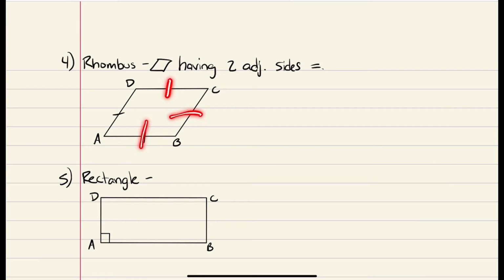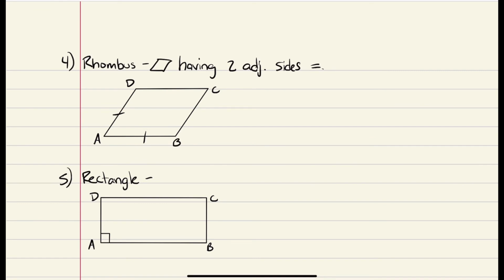We're actually going to end up proving that a rhombus has all 4 sides equal. By definition, we're going to state that this is a parallelogram. That means it's a quadrilateral having opposite sides parallel to each other. And now on top of that, we're saying that it has 2 adjacent sides equal. So we don't have to choose these 2 sides. We could choose these 2 adjacent sides, or those 2 adjacent sides. Any 2 adjacent sides are equal in a rhombus.